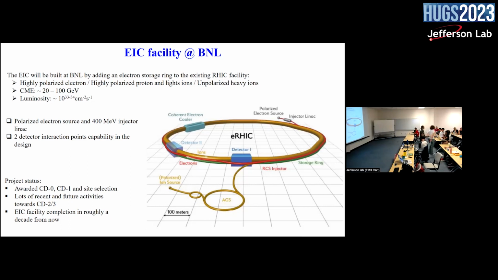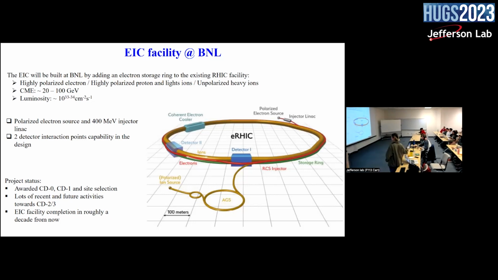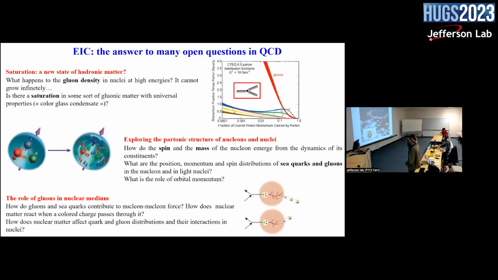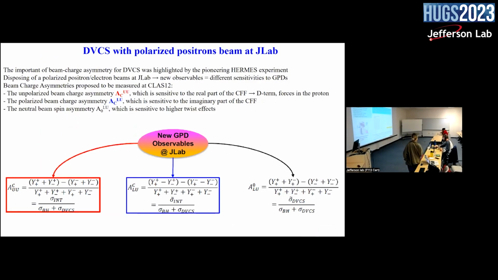The previous process that you said you're really interested in, the DD. That's going to be after the upgrade at JLab, right? No, that is independent, and I'm happy you asked me this because I like that. For that, what we need is an upgrade only at the detector level.